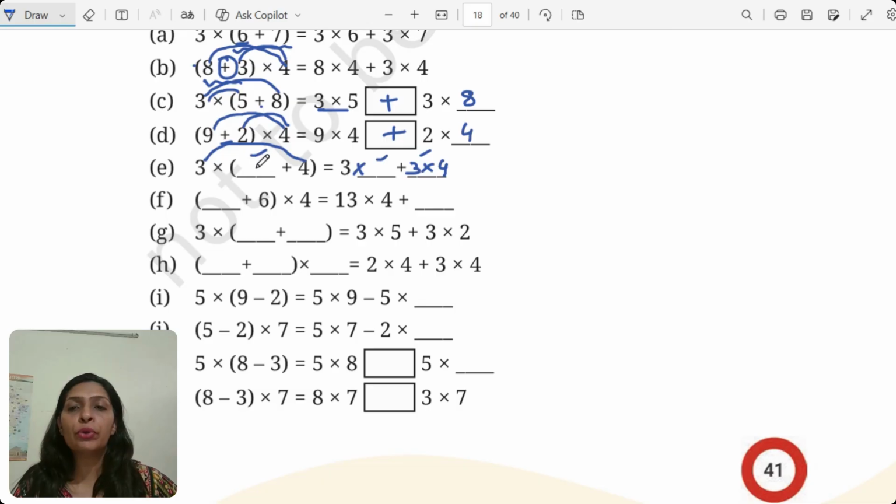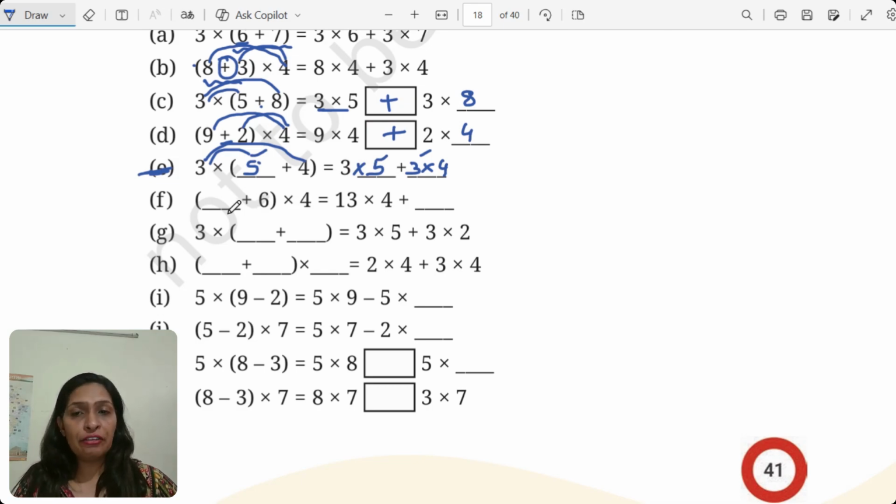Let's suppose I'm putting 5 here, so 5 is my choice. So this is 3 into 5. Now you may put some other number also. So this part can have multiple options, and there is no fixed answer to this particular part.